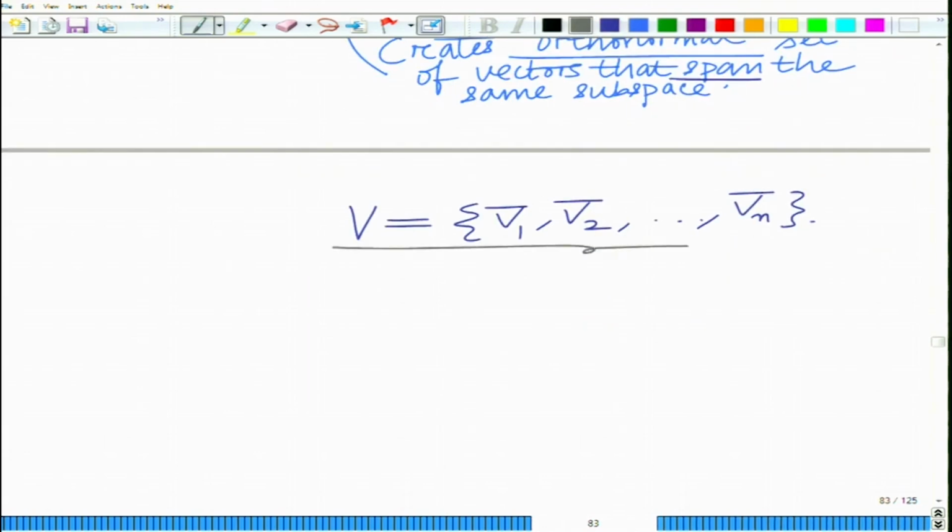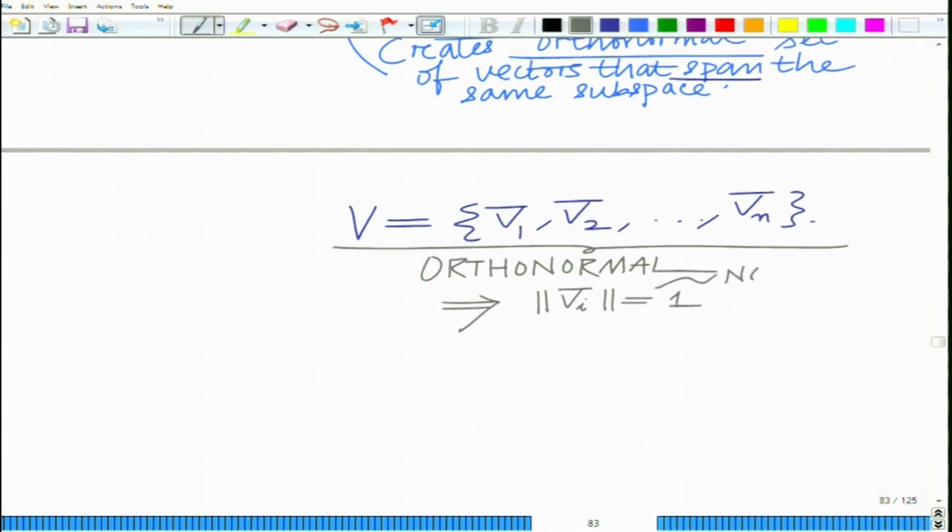Now, this being orthonormal implies the norm of each vector vi bar equals 1. This is basically your normal property. And if you look at any pair of vectors, vi bar Hermitian, or if they are real vectors, vi bar transpose vj bar equals 0 for any i not equal to j.